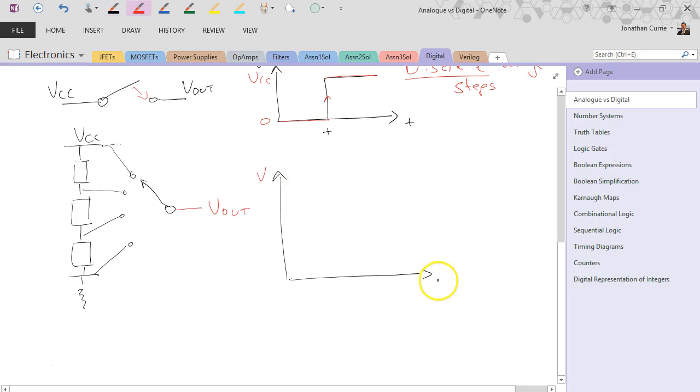So output voltage, this time versus switch position. We've got 4 switch positions, which gives us 4 discrete values of voltage output. 0, 1, 2, 3, or 1 to 4.